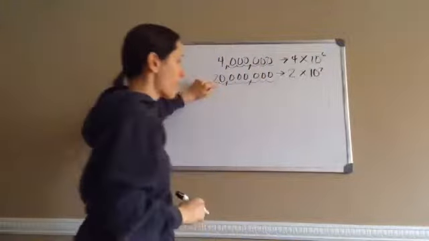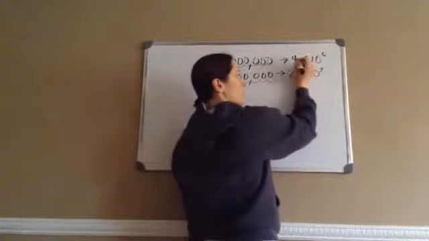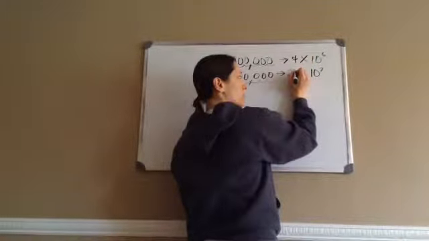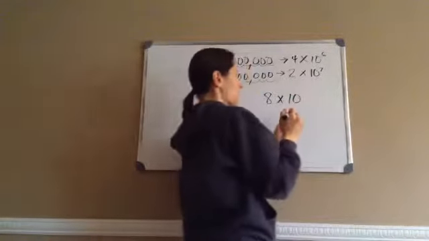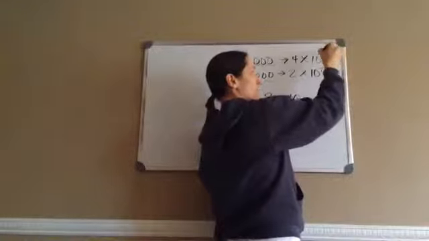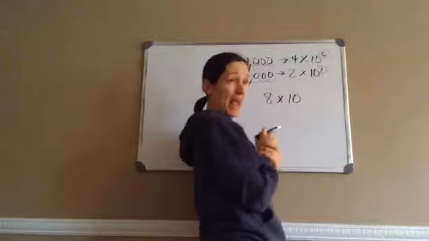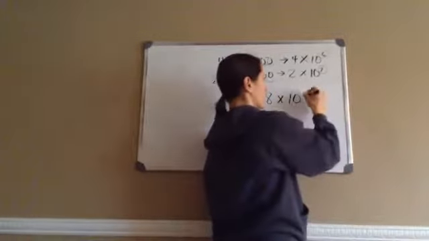Okay. So now that we have it like this, hopefully you remember that you can multiply the numbers. 4 times 2 is 8, and then you just write 8 times 10 to the, and remember when you're multiplying exponents, you actually add them. So 6 plus 7 would be 13.